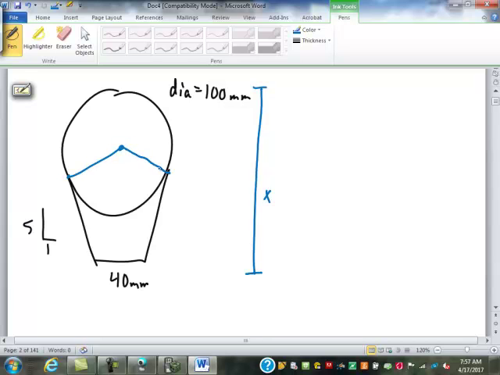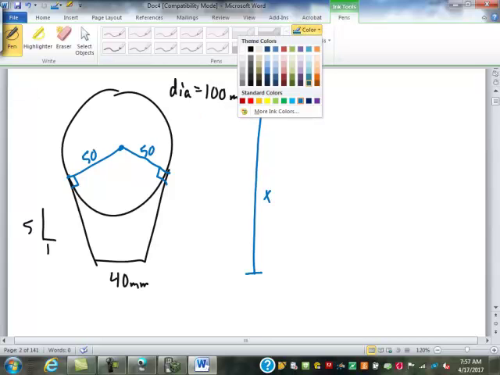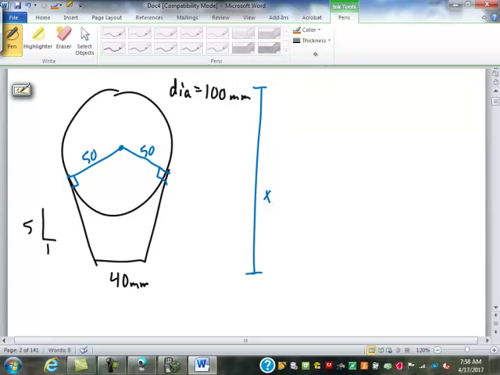Since they're tangents, it only makes sense that I draw in a radius to the tangent and get a right angle. So those are each going to be 50 millimeters. What else would I know? If I cut that across there, it should be flat across there.